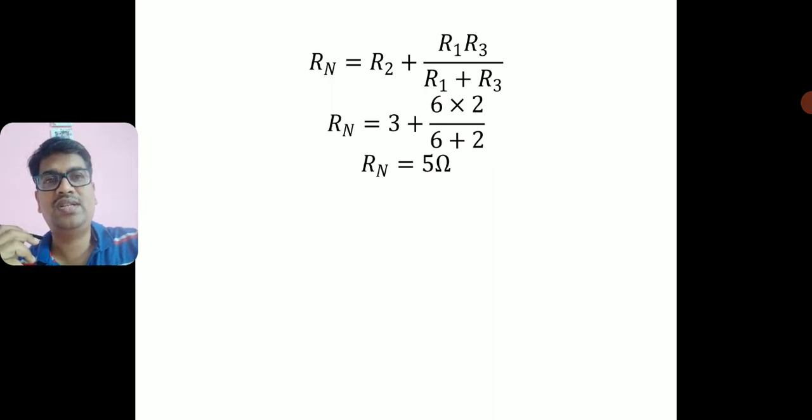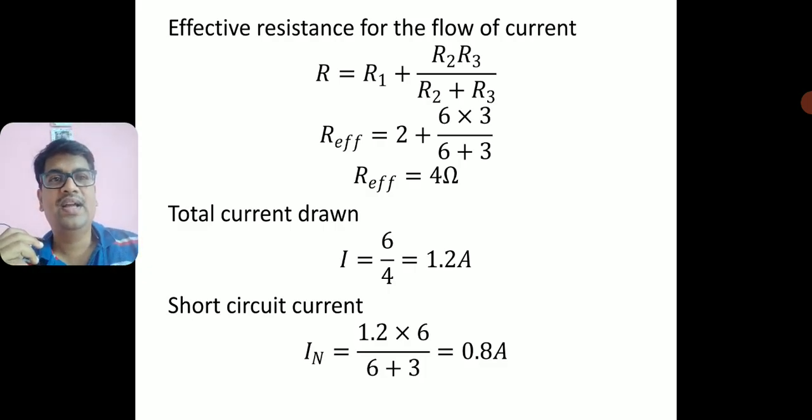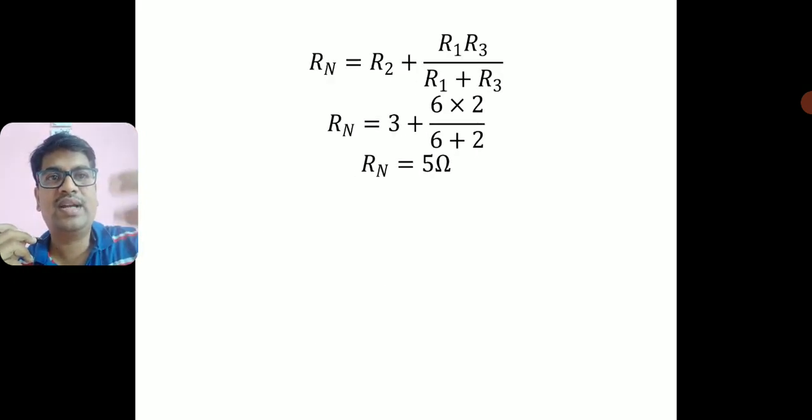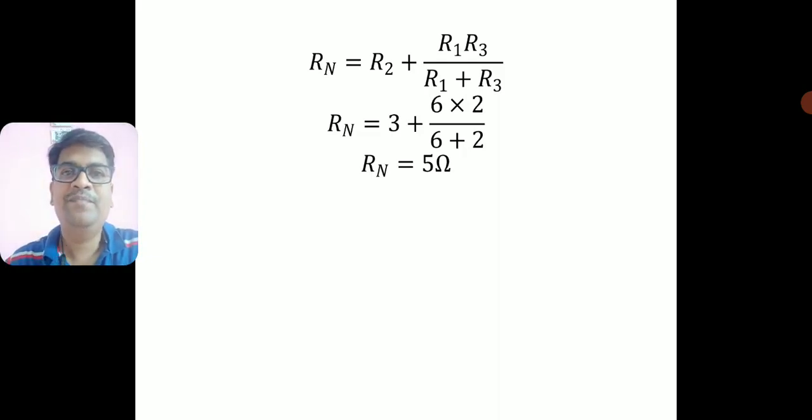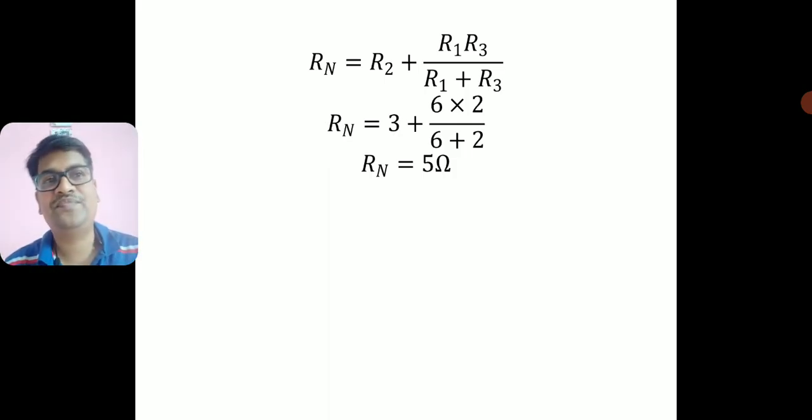This is the resistance across the load terminal. Don't get confused between this Rn and this R effective. R effective is the effective resistance for the flow of current. For the flow of current, R1 looks series and R2, R3 look parallel. But when you are calculating the effective resistance across the load terminal, R1, R3 look parallel and R2 looks series.